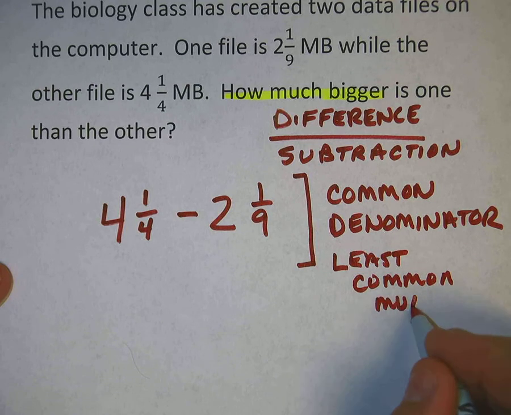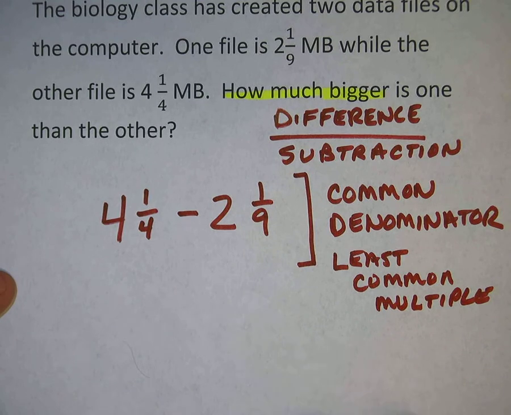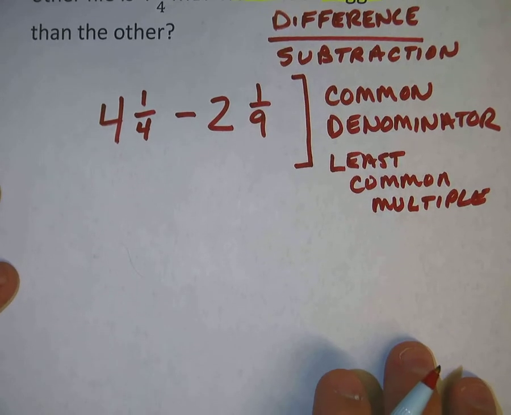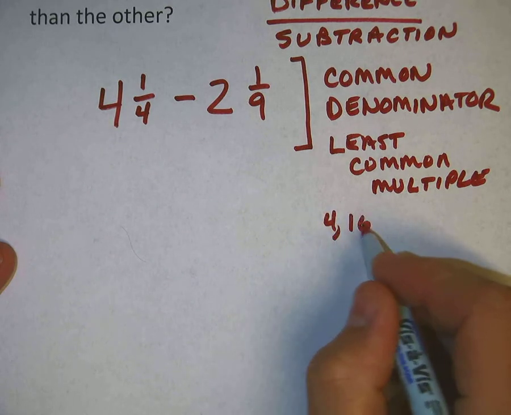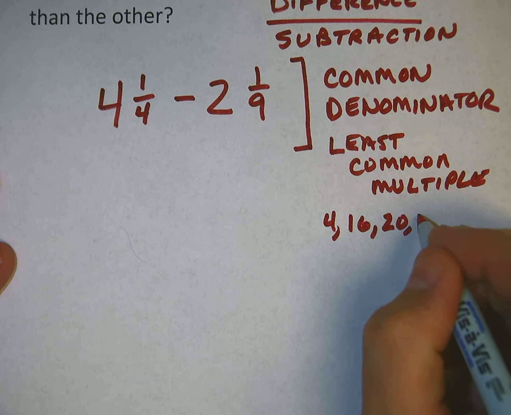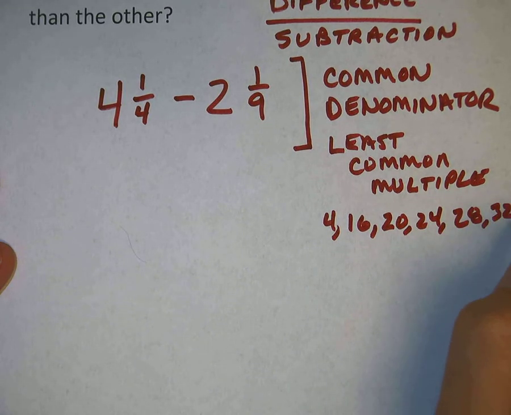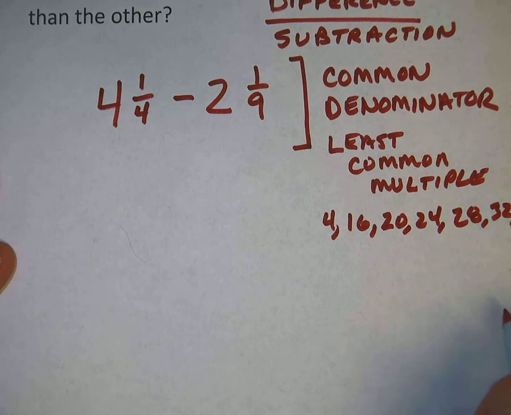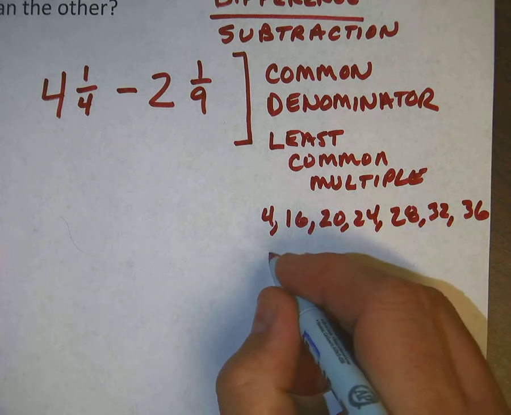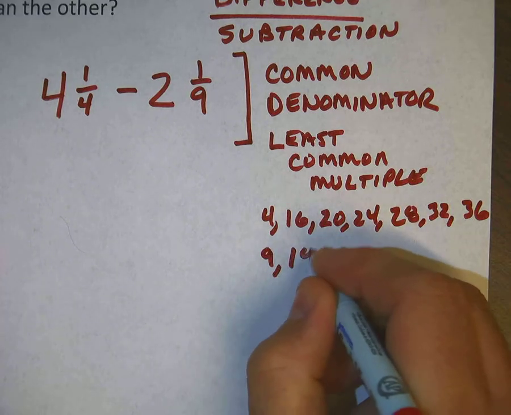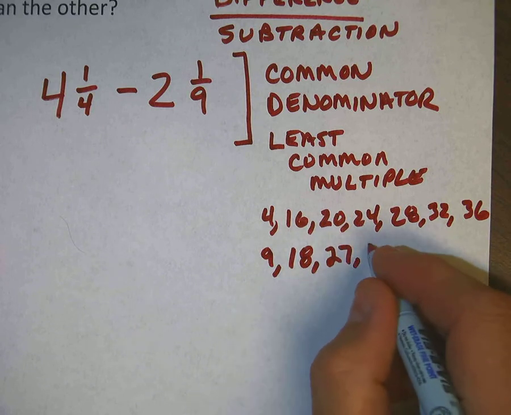Now, there are at least two major ways of finding this. We'll look at the most straightforward way right now. Let's just start listing the multiples of 4. 4, 8, 12, 16, 20, 24, 28, 32, 36, and we could keep going, but let's now list the multiples of 9. 9, 9 times 2 is 18, 9 times 3 is 27, 36.